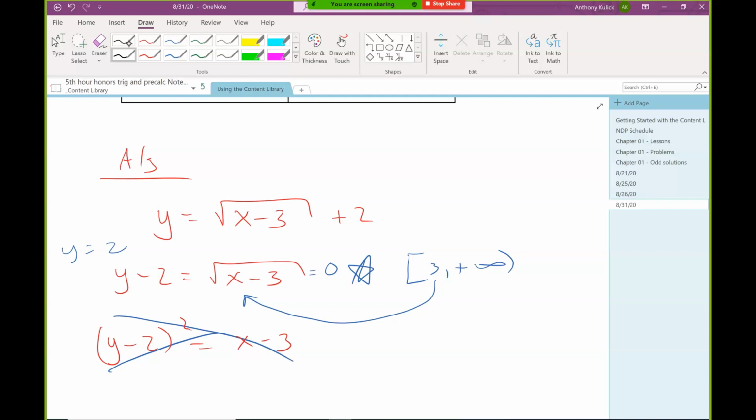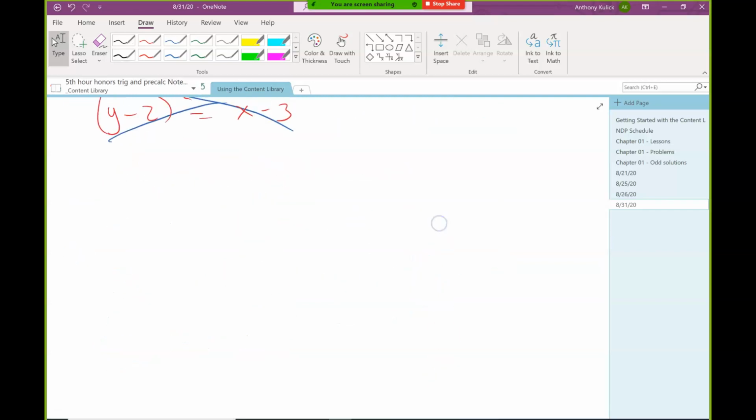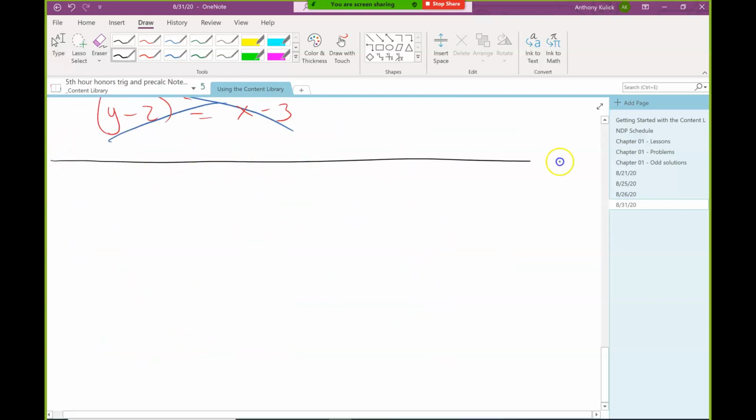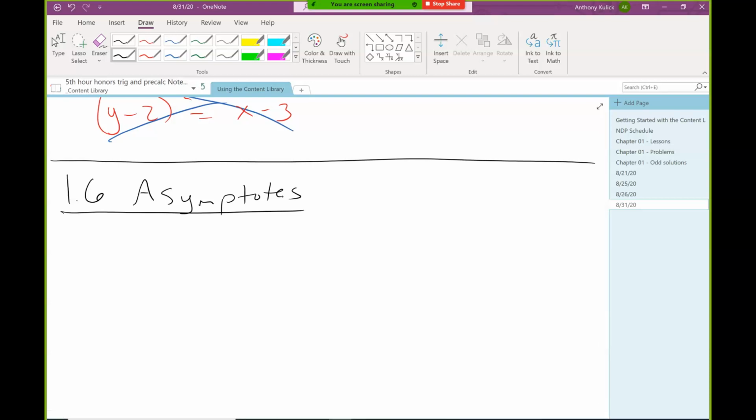Our plan for today is I want to talk about sections 1.6 and 1.7. So in section 1.6, we're going to be talking about asymptotes.